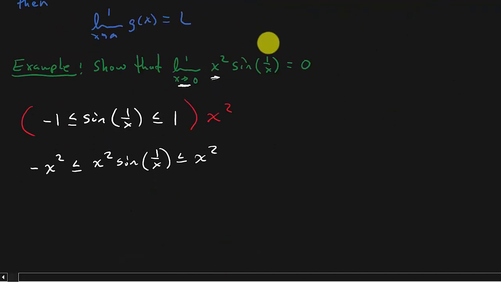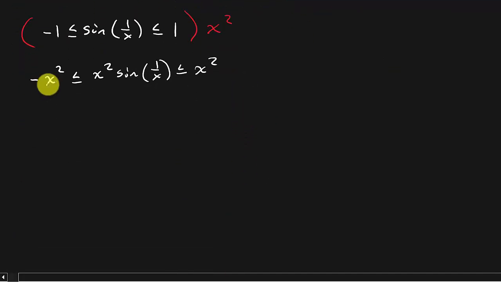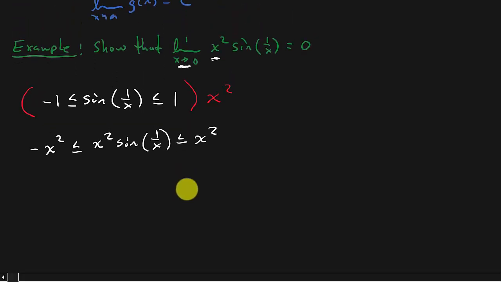See that? So I need to find the limit of -x squared and the limit of x squared as x goes to 0. If those are the same, then that'll be the limit of this function as x goes to 0.